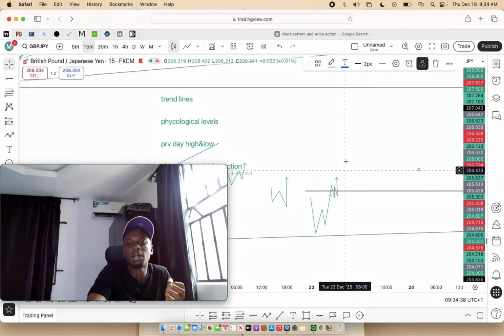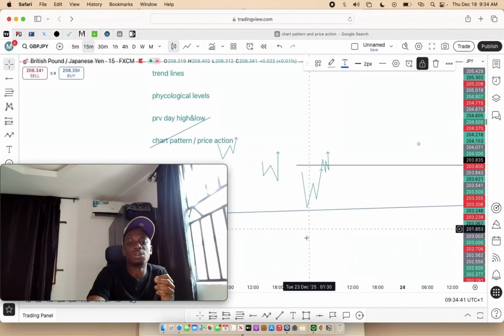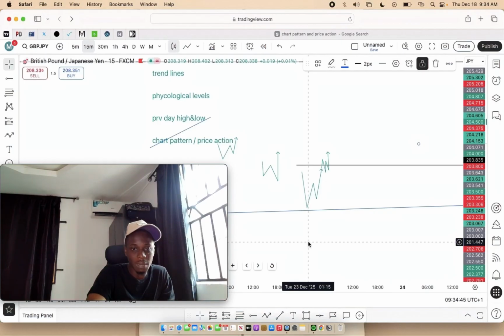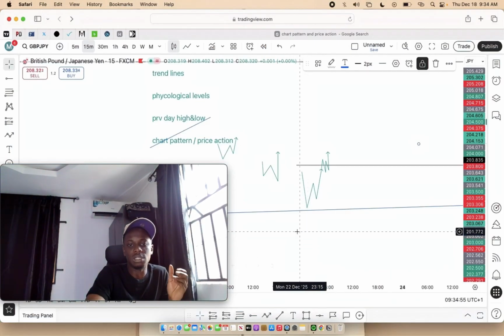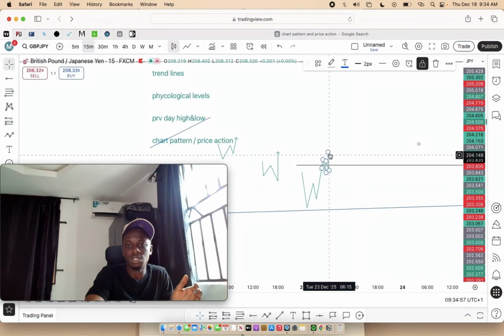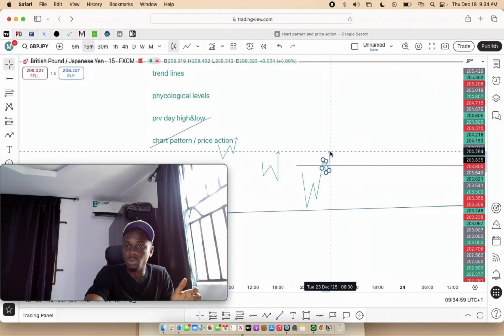Talking about timing, I focus more on London and New York. I can take my entry anytime in London. In New York, there's a specific time after which I will not take any trade anymore. So you see, it's simple with this kind of formation.